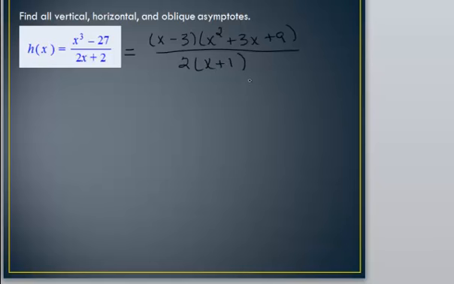Nothing will reduce, so to find the vertical asymptote, we set the denominator equal to 0, which tells us that our vertical asymptote is x equals negative 1.